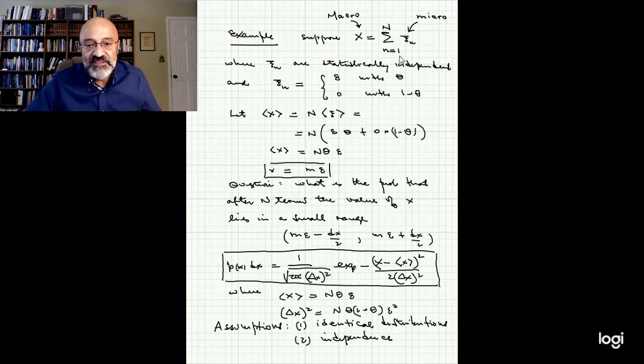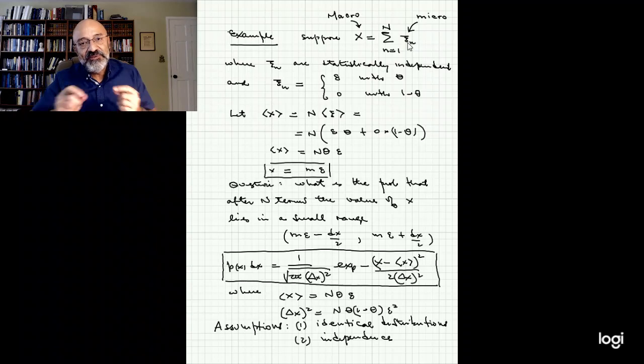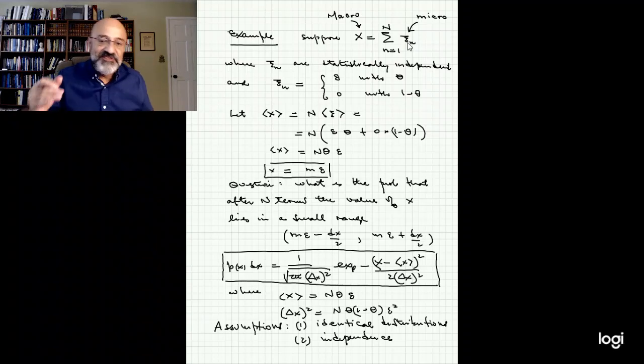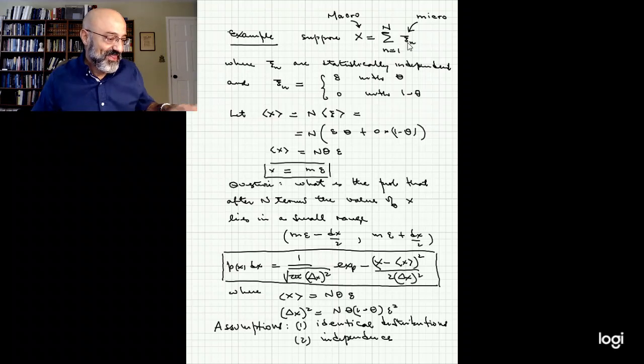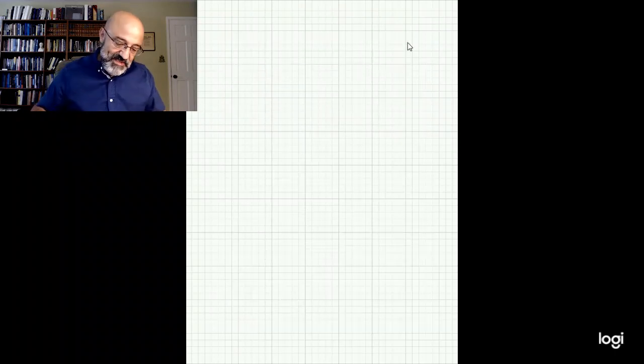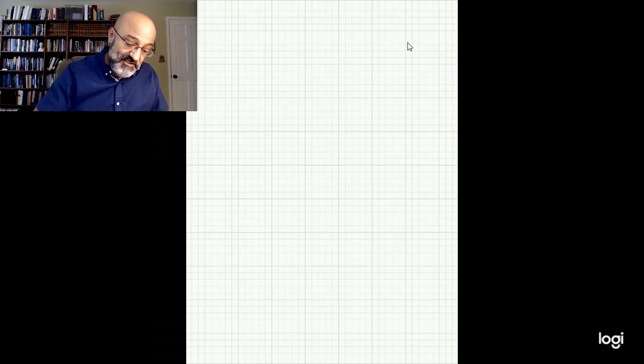They're all independent. But it's even possible to consider situations in which the variables are not independent and you still get the Gaussian. So that's why this really shows up everywhere. So let us look at what happens when we do what's called the central limit theorem.